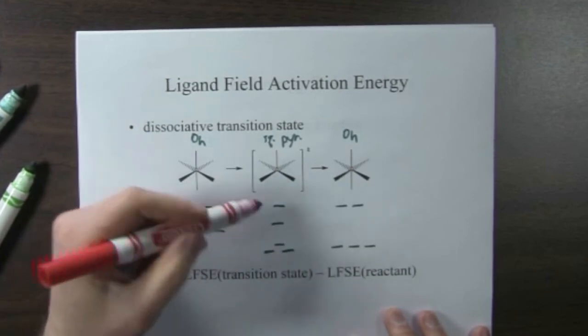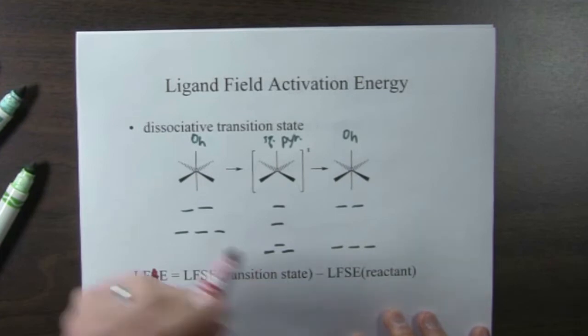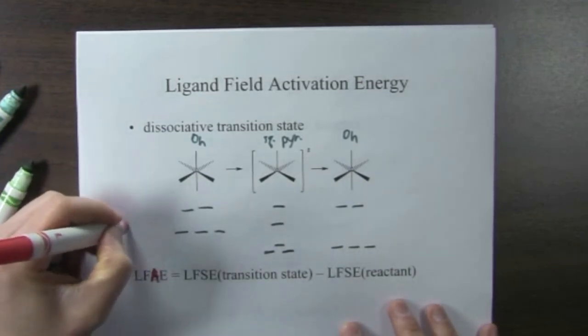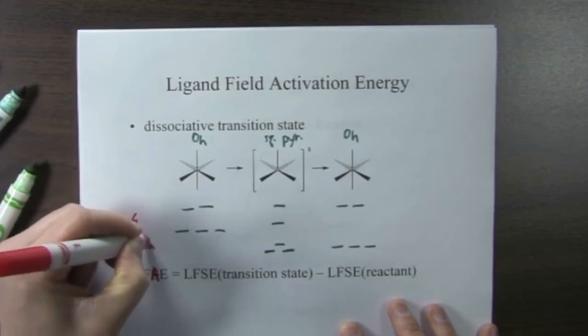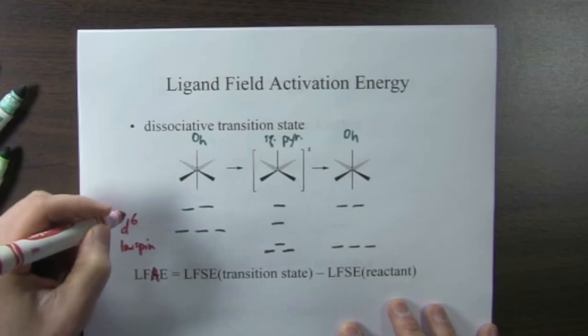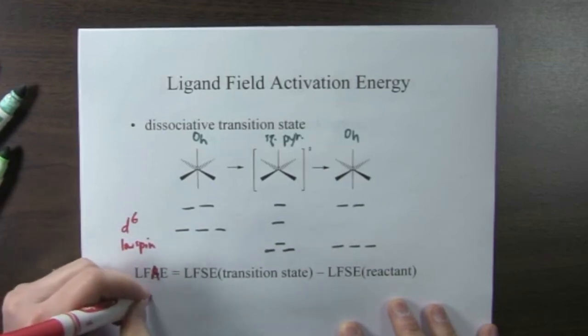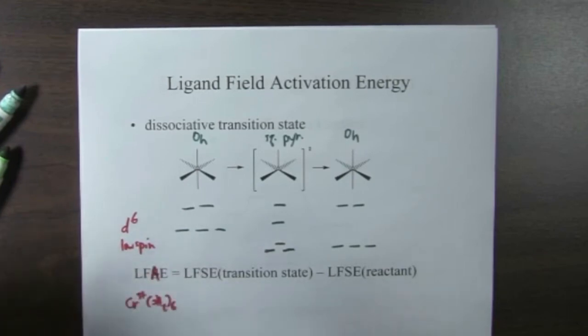That will tell us how much electronic energy was required to reach this transition state. So let's look, for example, at a D6 low spin complex like chromium 3 plus hexaquo, which we saw was unusually stable.